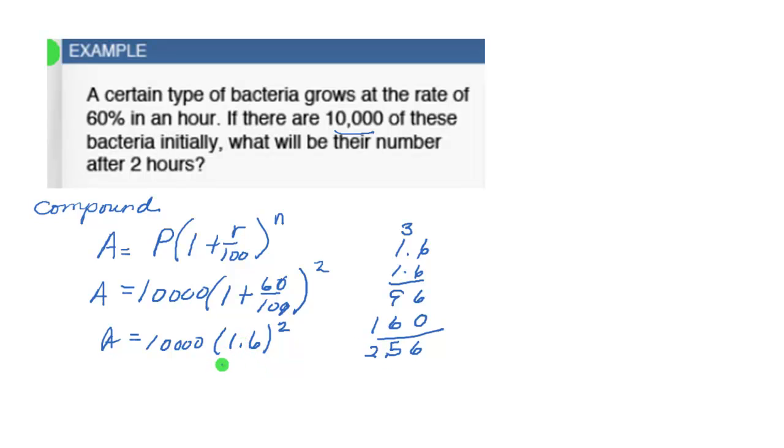Hopefully I didn't make a mistake there. So 2.56, and you're going to multiply that times 10,000, which moves the decimal 1, 2, 3, 4 places. See 4 zeros? This gets moved 4 places to the right. And so we end up with 25,600 bacteria at the end of 2 hours.